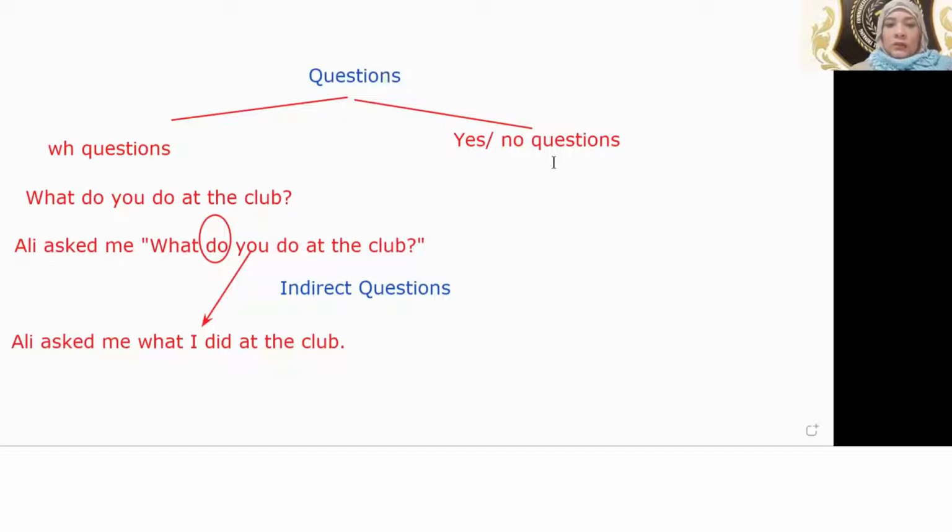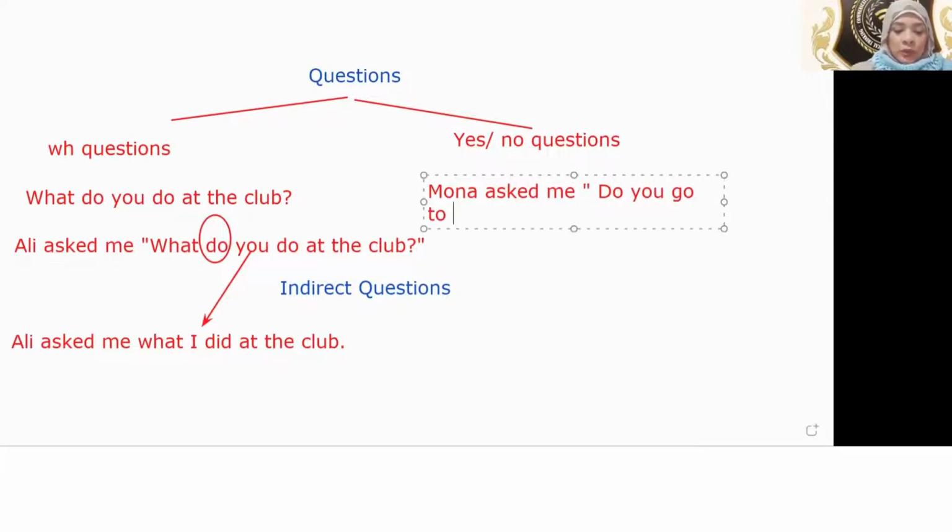Let's go and see the yes or no questions, or the short answer questions. For example, if I have Mona asked me, speech marks, do you go to the club? And we close the speech marks for sure.